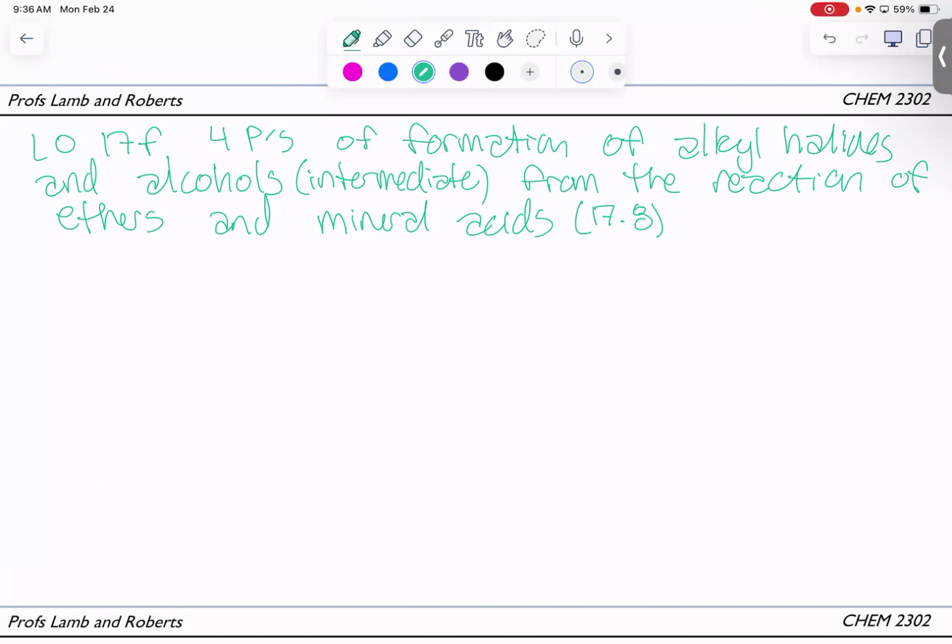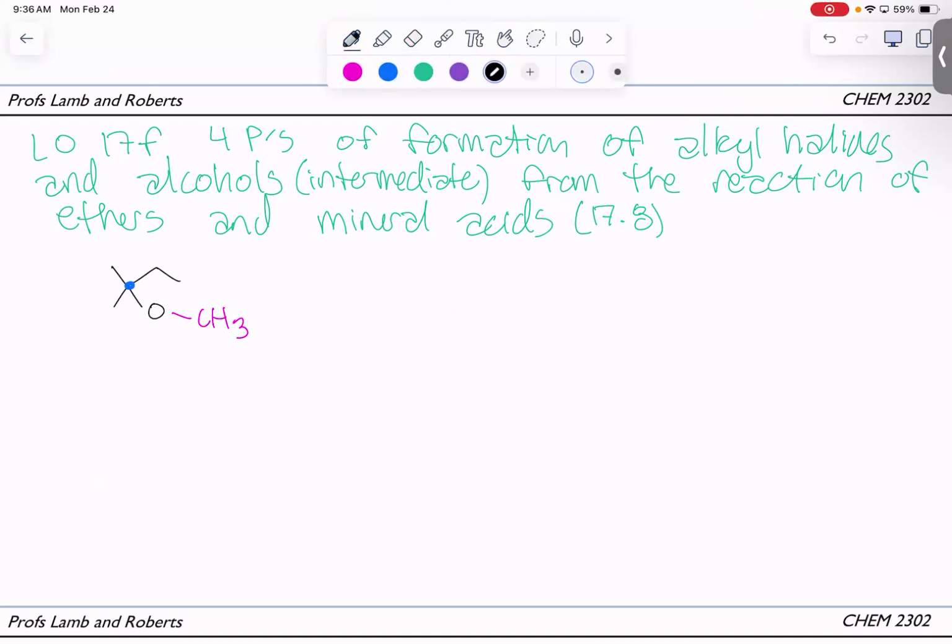All right. So as I said before, we're going to have an alcohol as an intermediate, but our final products are going to be these alkyl halides. All right, so let's see what that looks like. We're going to have a tertiary, how do I want to write this? Okay, not a tertiary alkyl halide, a tertiary ether.